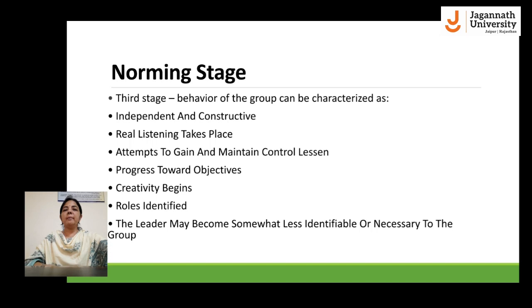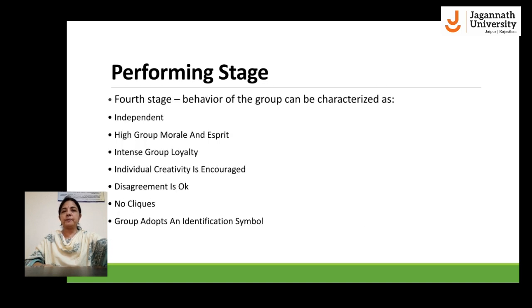Attempts to gain and maintain control lessen among the members. Progress toward the objective begins. Creativity is coming out during the conversations. Roles of each member are identified, and the leader may become somewhat less identifiable or necessary to the group because everybody deals maturely in this stage.